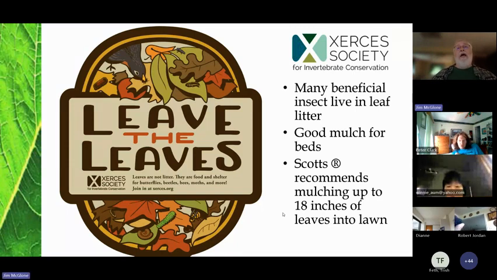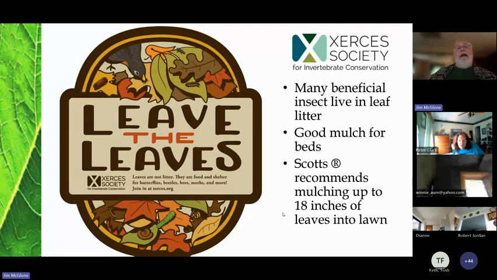The other thing is that undisturbed leaf litter is good mulch. This is how nature mulches the forest. It's good for your trees. It's good for your flower beds. Even on your lawn, Scott's is now recommending that you mulch up to 18 inches of leaves into your lawn. I know when I've said this in the past, people have said, oh, that gets too deep. 18 inches.